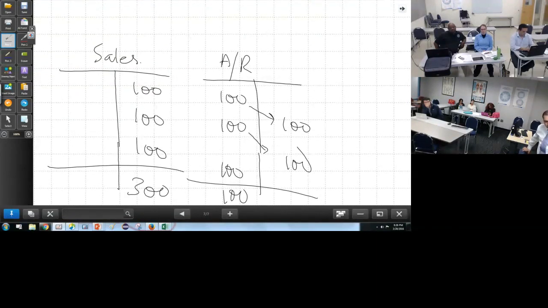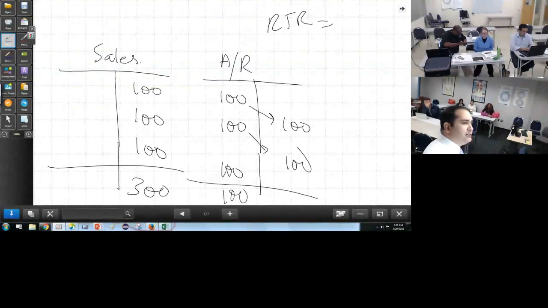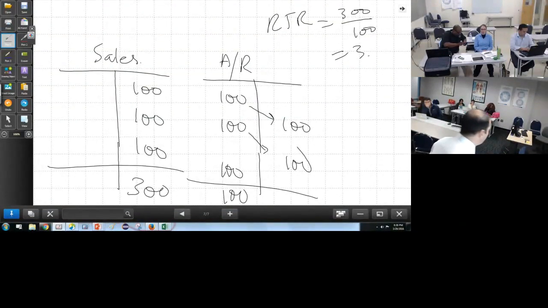Okay. So what is the ratio? Receivables turnover ratio is equal to sales, which is 300, divided by accounts receivable, which is 100, that is equal to 3. So that means that we can collect our receivables 3 times a year. Or in other words, when we make a credit sales transaction, it takes 4 months for us to collect them.